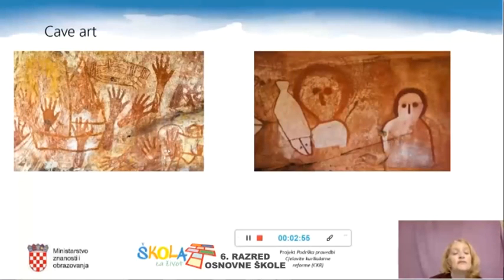But the Aborigines also had a very rich social life. They were very good at arts. They lived in caves at the beginning, and they wanted to make their caves beautiful. So they produced cave art, pećinska umjetnost.